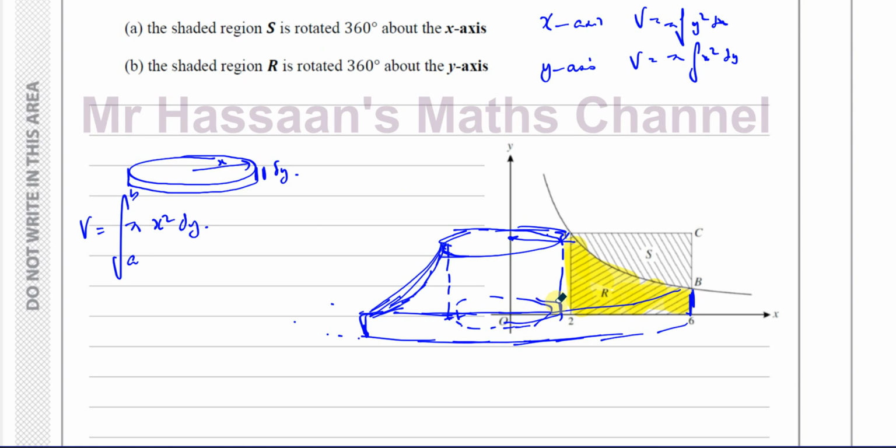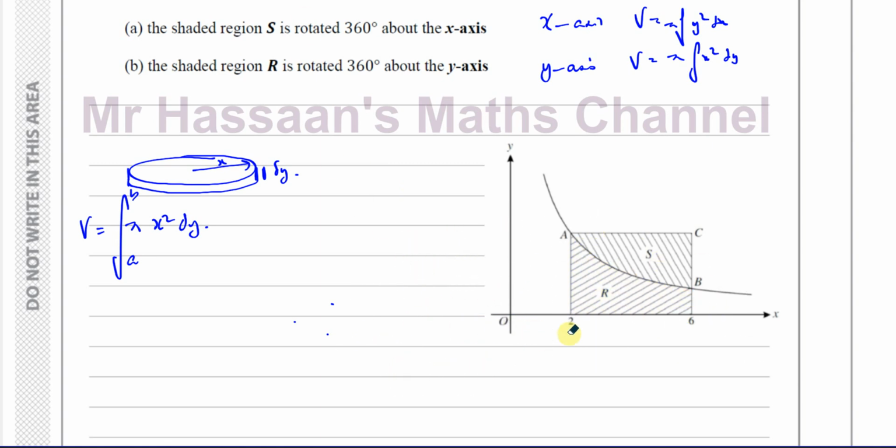Let me just tidy this up a bit so we can figure out what to do here. Now, the problem in this question is you've got two separate sections. We can again do this in two different ways, but I'm going to choose one way here, where I consider this as two sections, because you've got this curved part, AB, and then you've got this straight line part.